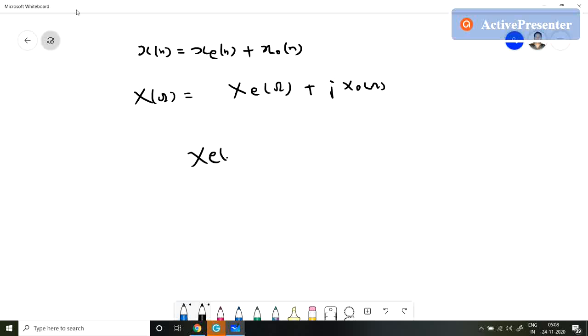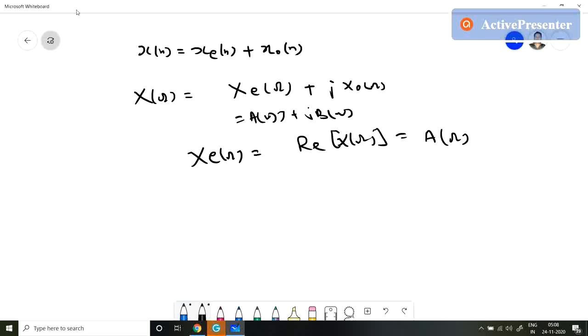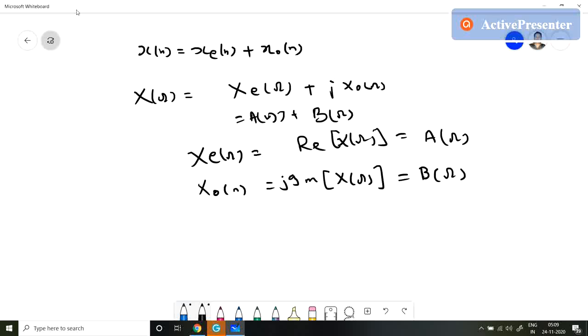So what is Xe(Ω)? That is equal to the real part of X(Ω), and let us denote it as A(Ω). So X(Ω) is equal to A(Ω) plus jB(Ω), and the odd part is j times the imaginary part of X(Ω), which is equal to B(Ω).